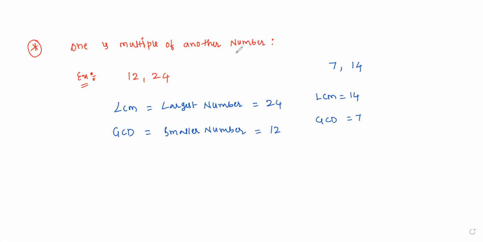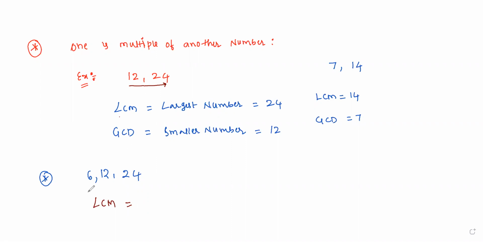Then what happens when we have more than one number? Okay, more than one number, let us see what happens here. Suppose 12, 6, 24 are there. If you observe very carefully, for LCM, when we are comparing two numbers and one number is a multiple of the other number, then automatically the LCM becomes the largest number.